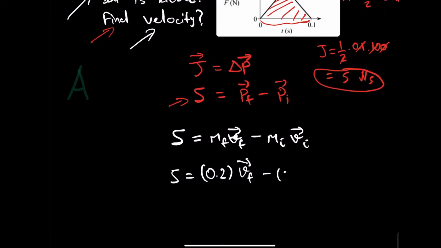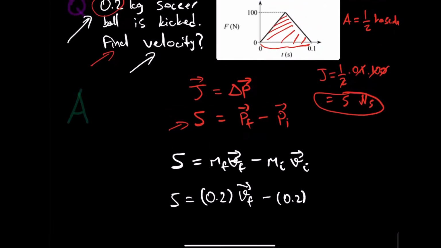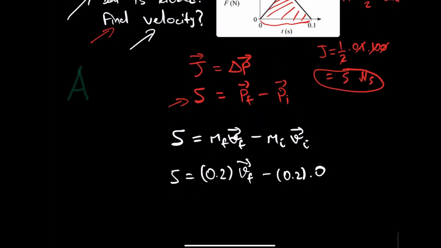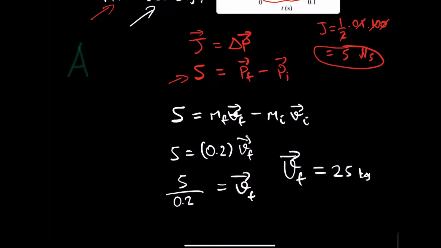Minus the mass is 0.2, and the initial velocity has to be 0, assuming that the ball was stationary at the beginning. So we're just going to say 0. This is going to cancel out this side, so we're left with this side, and 5 divided by 0.2, because we divide both sides with 0.2 in order to find the final velocity, and the final velocity is equal to 25 meters over seconds.